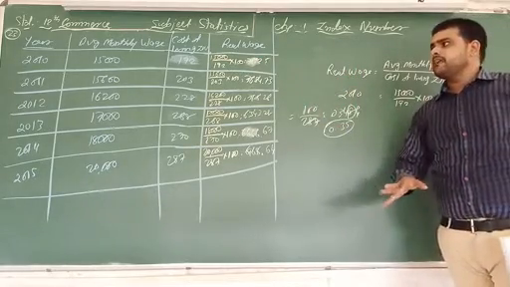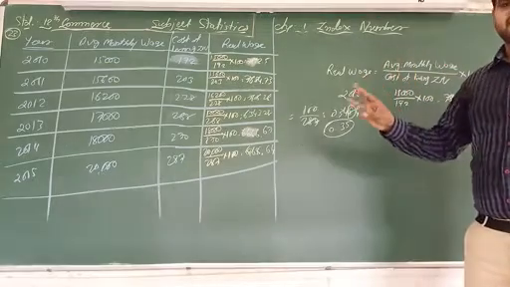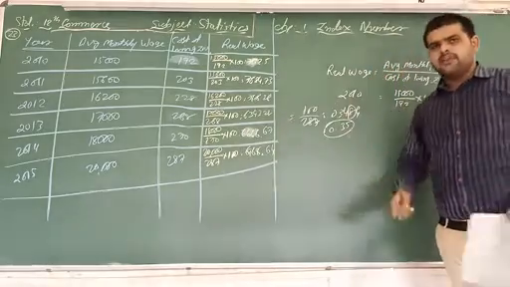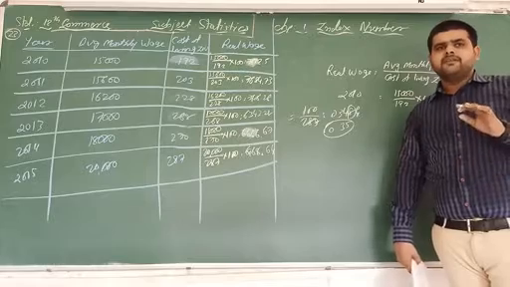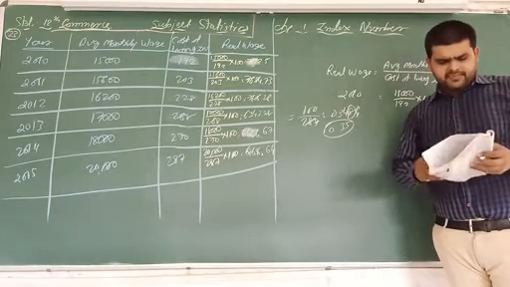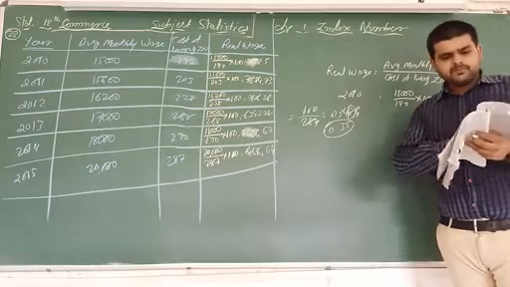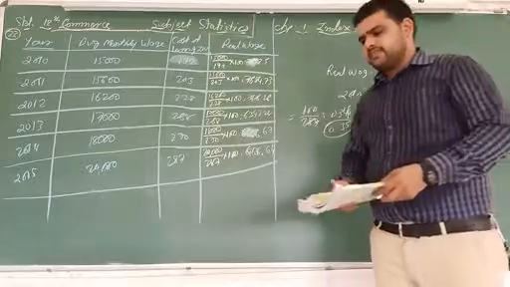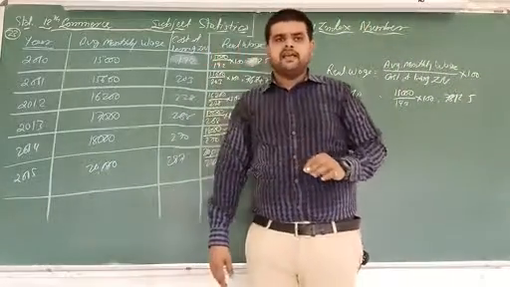So in this particular video, what we have learned are 3 examples: example number 21, example number 22, and example number 23. Now only one video is remaining, and that video is totally related to the small examples. As we know that index number is always asked in the board exam for 12 marks. In 12 marks, there is a 1 mark MCQ, 1 mark question, 2 mark question, 3 mark question, and 5 mark question.